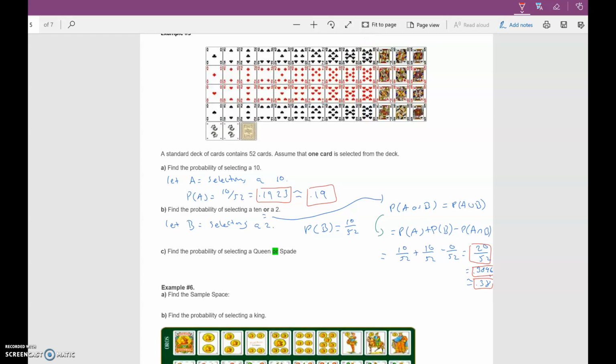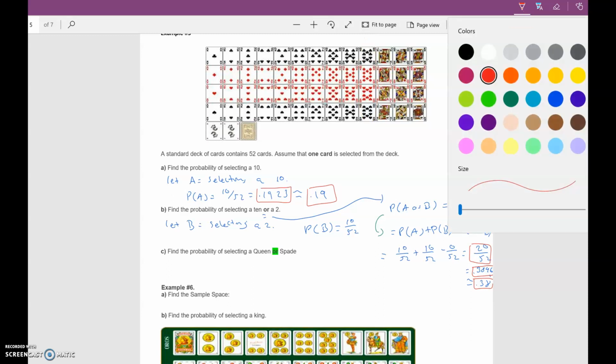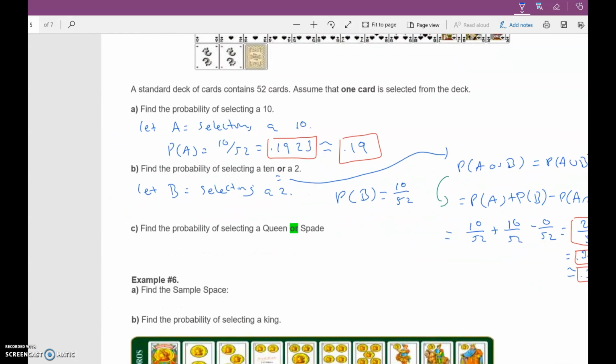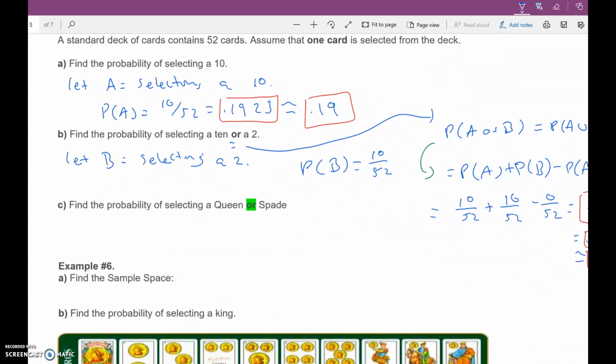Let's actually look at the next example. And the next example, you have technically 2 events, the queens or the spades. So let me just say let, in this case, C equal to selecting a queen. And then D is equal to selecting a spade.